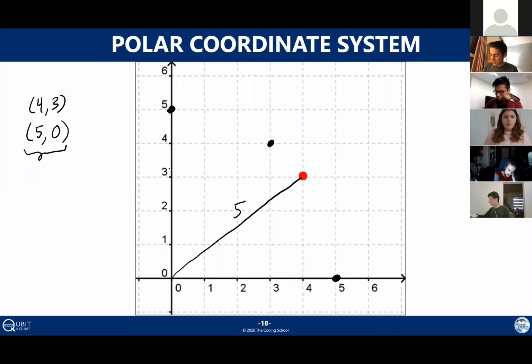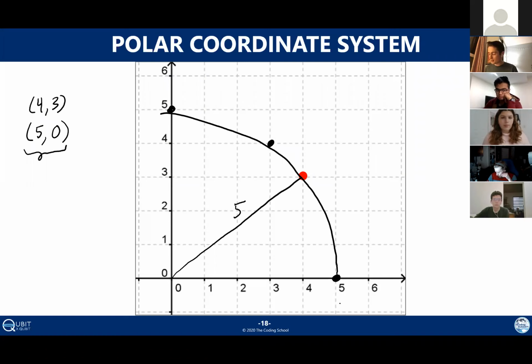So what we actually get is a circle of all possible points that are 5 units away from the origin. So how do I tell you exactly where this point is? I define an angle. We'll call this theta. It's about 0.2 pi in this case.